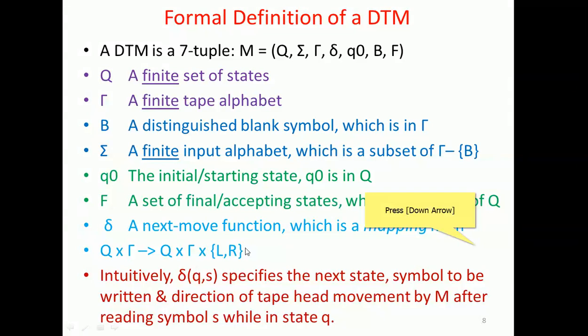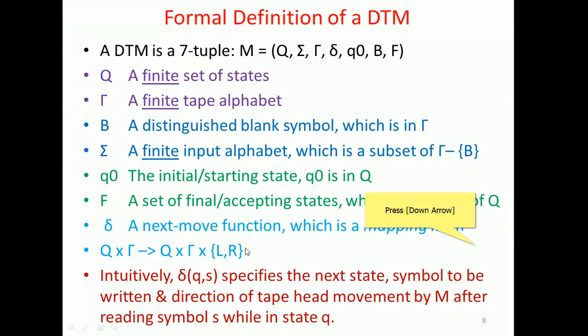So it is currently in state q and has scanned the symbol s, then it moves towards the left or right, decided by the finite control or prescribed based on the problem. That decides the next state.